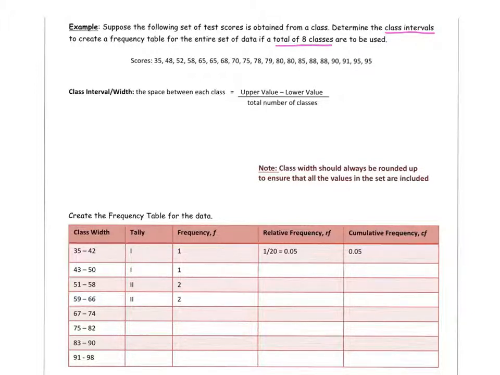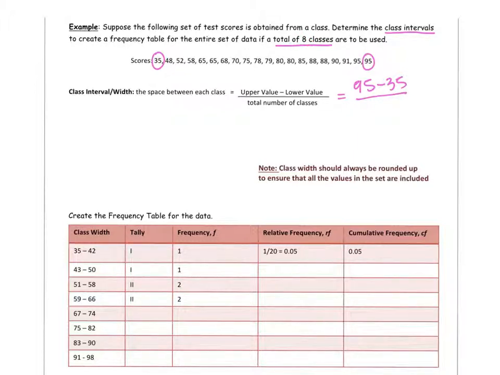So if you remember from the first slide, to calculate the class interval size, you take the biggest value, or the upper value, and subtract the lower value. So the biggest value here is 95, whereas the smallest value here is 35. So I would take 95 and subtract 35, and I would divide it by the number of classes that I choose.